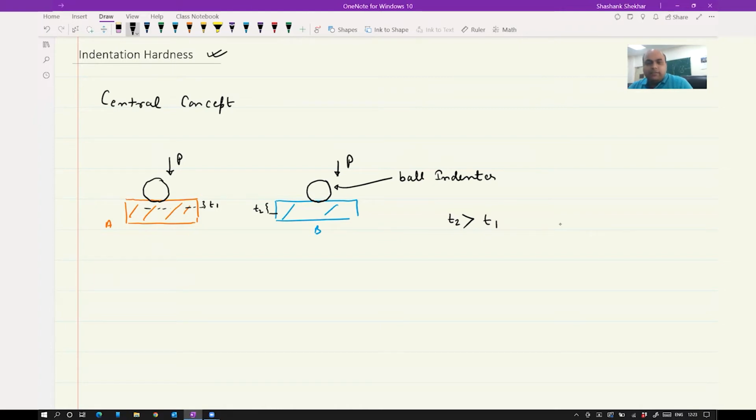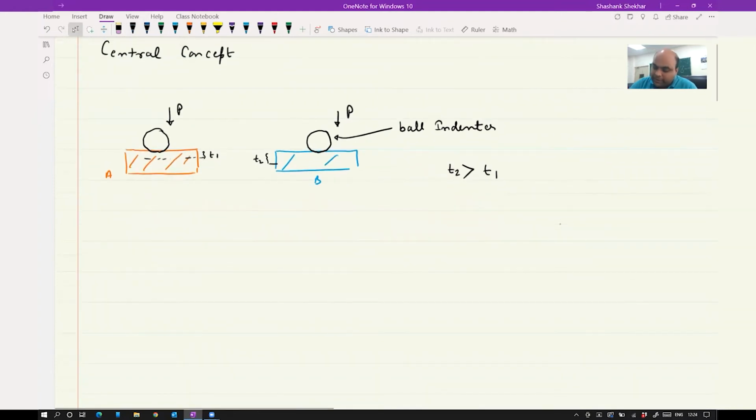By logic, one can say that B is softer than A, because it has gone to a higher depth when indenting the surface. In indentation, we look at the top view. If I see the top view of alloy A, I am going to see a circle.